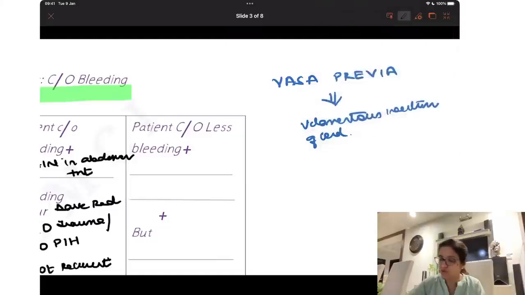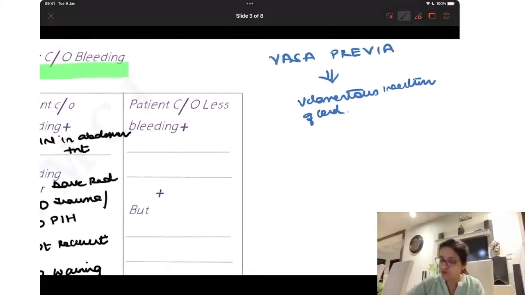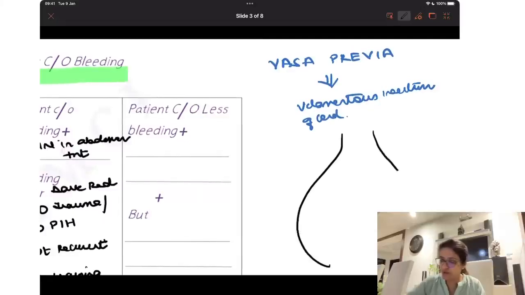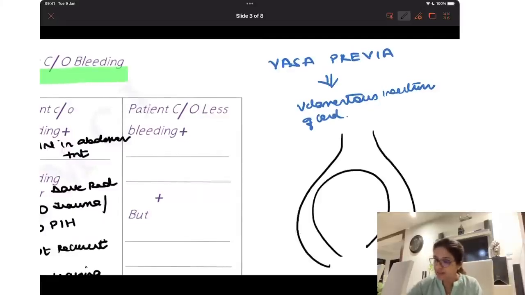So suppose this over here is the abdomen, mother's abdomen. This is the uterus. These are fetal membranes. Fetal membranes कौन सी होती हैं? Amnion and chorion. अंदर वाली amnion, बाहर वाली chorion. This over here is placenta, right?